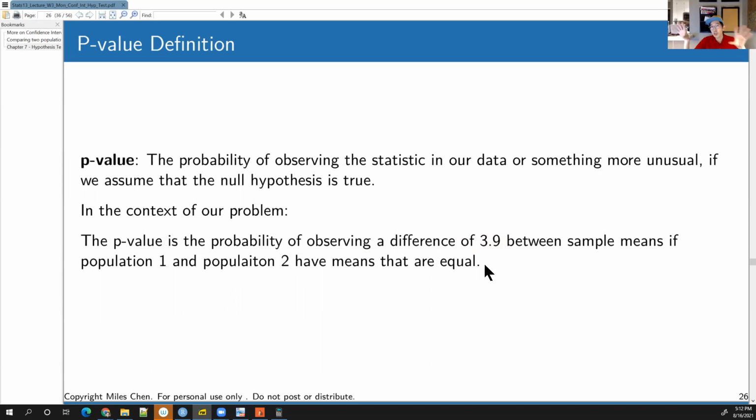So if you have two populations with equal means, could random sampling produce one sample where the mean is 3.9 higher than the other random sample? That's our question. Does that kind of make sense?